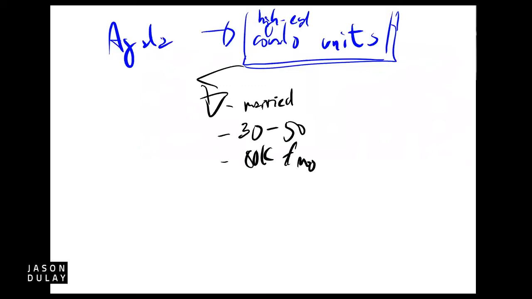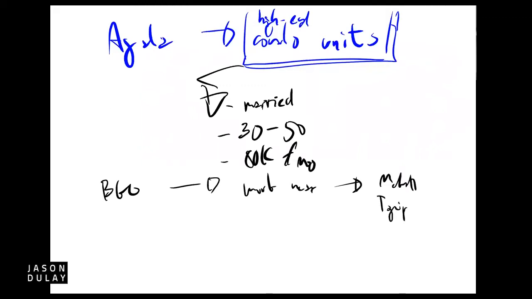And then you have units in BGC. So you're looking for people who work near BGC. So you're looking for people who currently work in Makati, in Taguig, in Mandaluyong. That's near BGC as well. And I know other cities are near BGC, but I'm not very good with geography in Manila. So you come up with this profile.